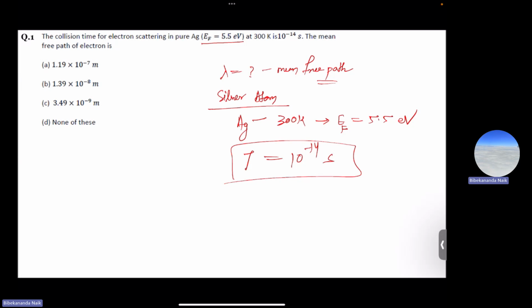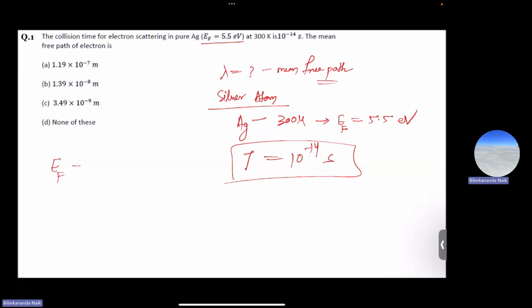So if we solve it, we know if Fermi energy is given as EF, then we can relate the Fermi energy with Fermi velocity. Because in the question, we have the collision time tau, and in order to find the mean free path, we need the Fermi velocity.